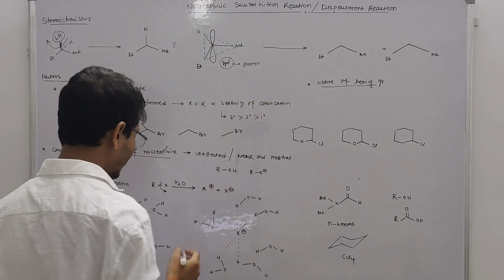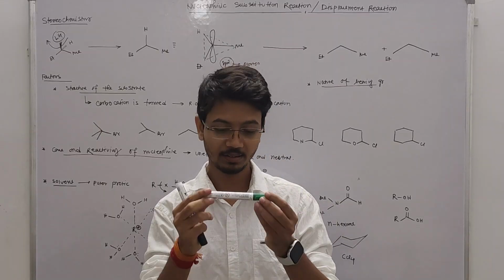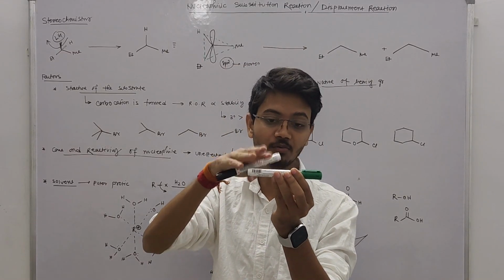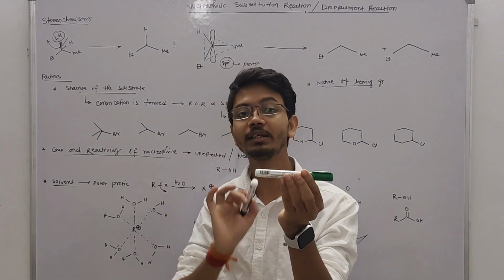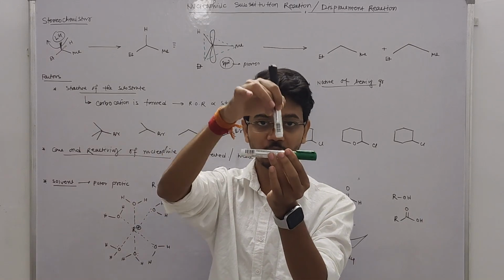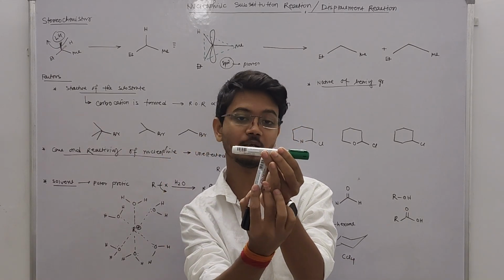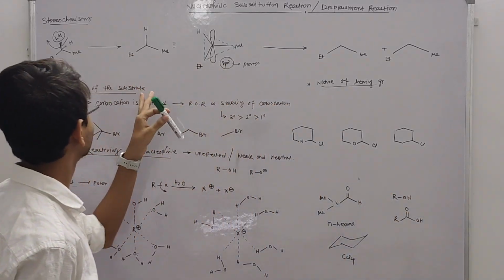Planar means it has two faces. Now the nucleophile can attack from the top face, and the nucleophile can also attack from the bottom face. So there are two choices for this nucleophile.